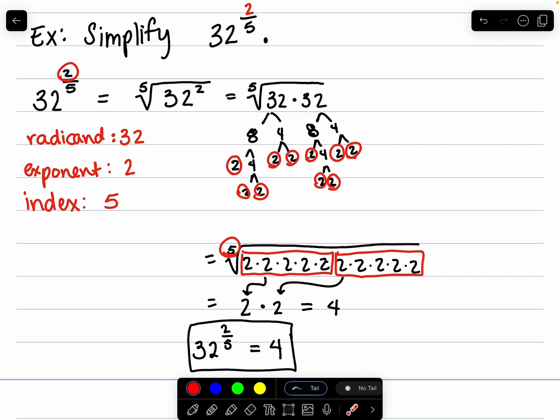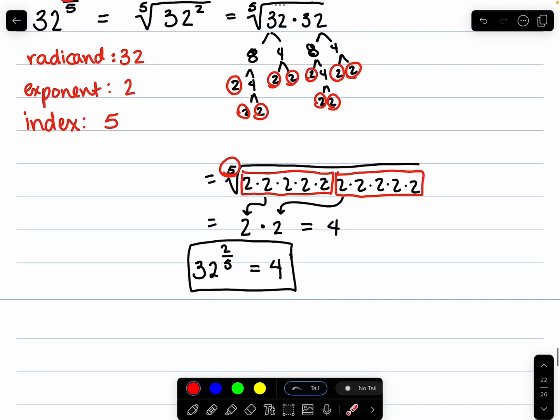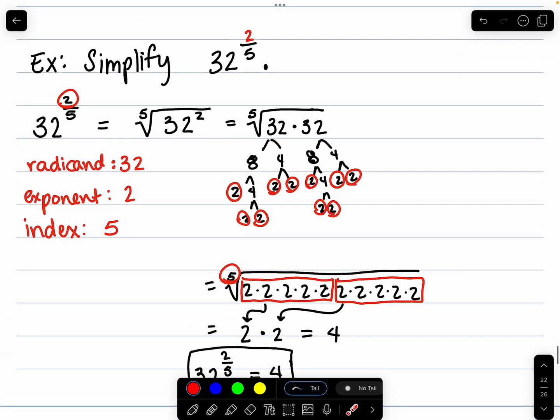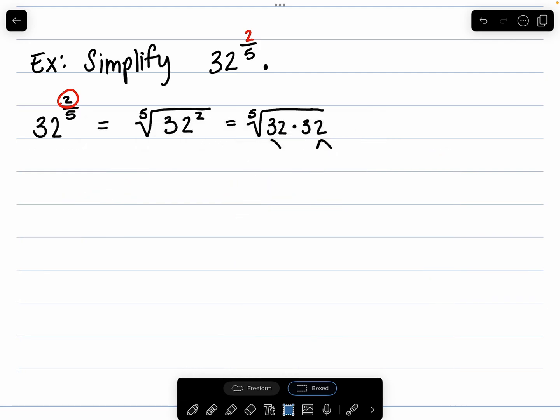Here is another way to do it. Let's see. Here's another way to do it. Erase this here.